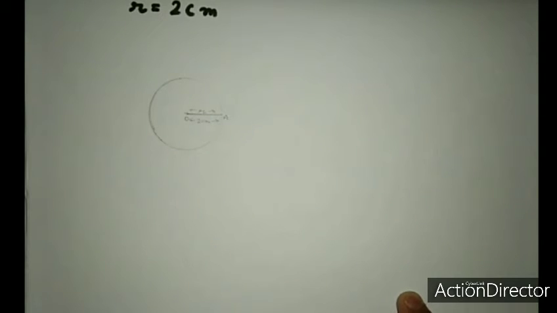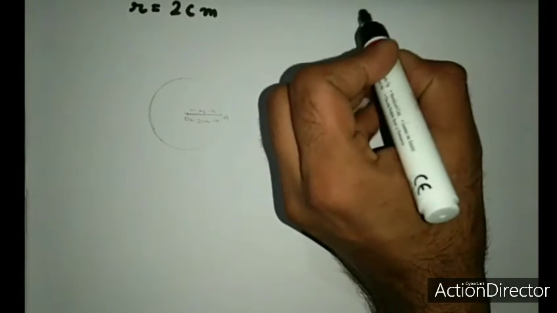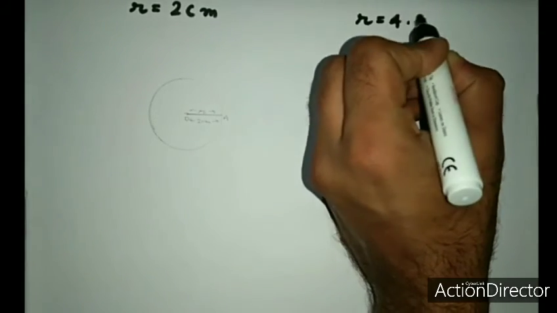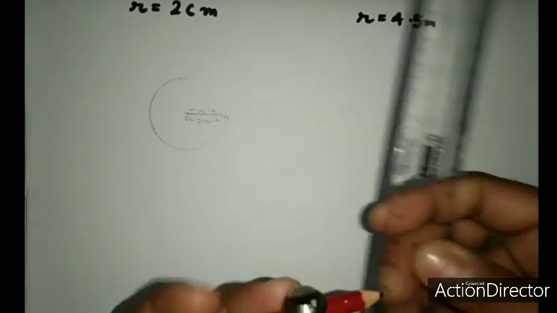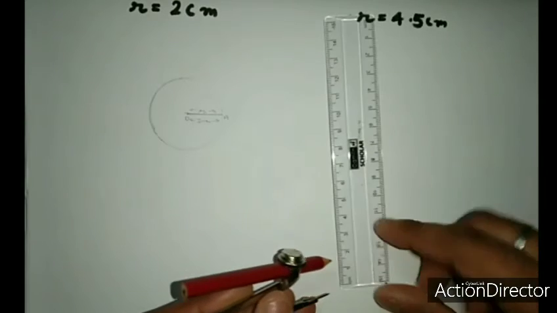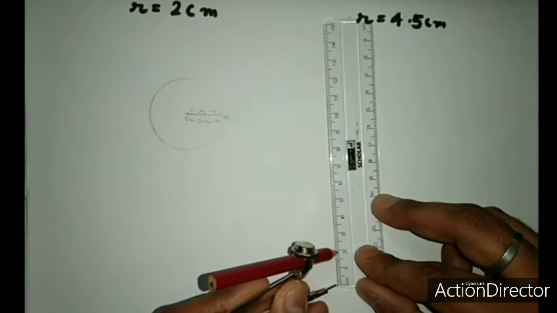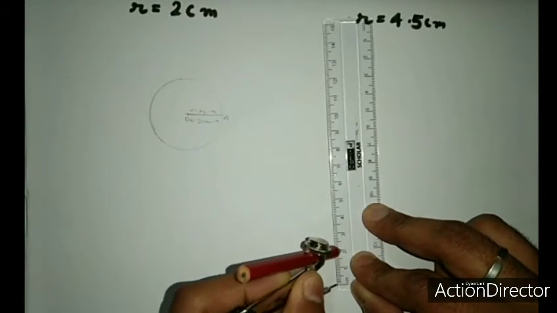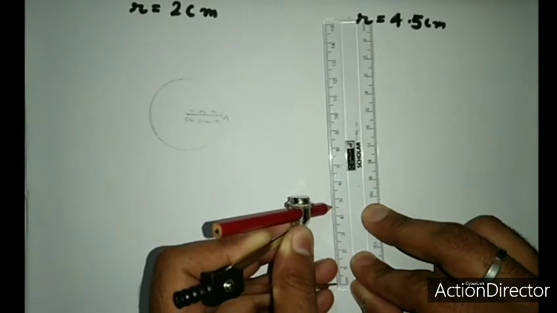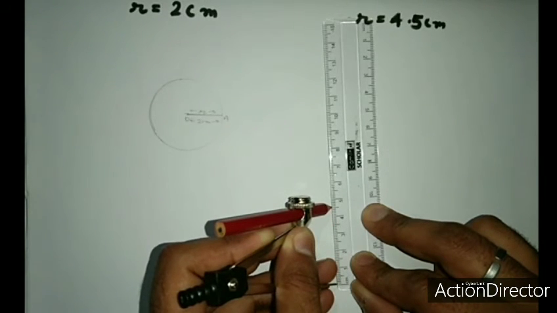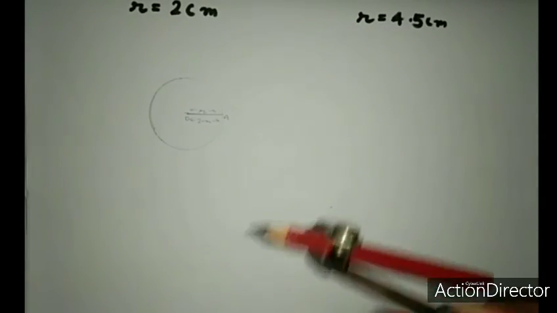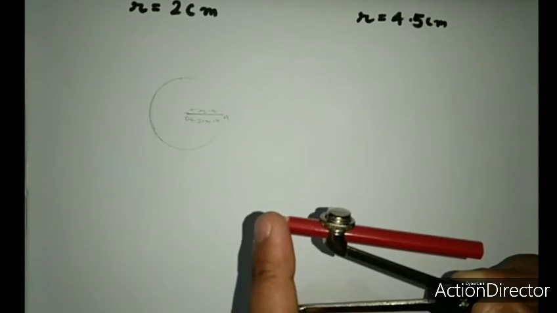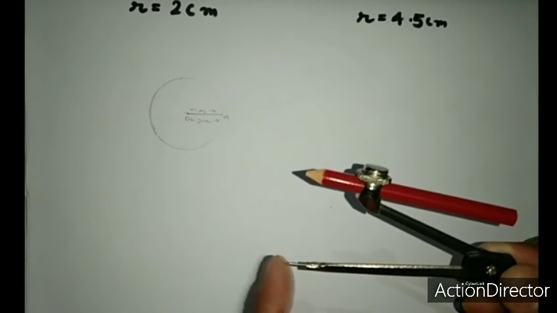Now we take another example here, where R equals 4.5 centimeter. So you again measure 4.5 centimeter on the scale. Put the tip at the starting point of this ruler and shift the pencil to 4.5 centimeter. Now remember one thing, do not change the distance between the pencil and the tip of this compass.